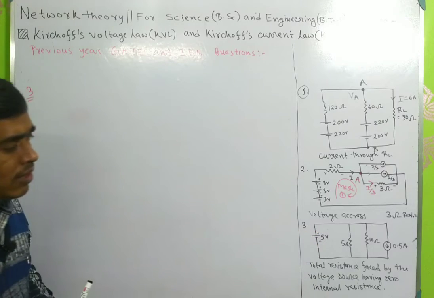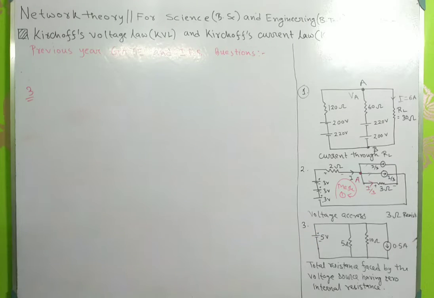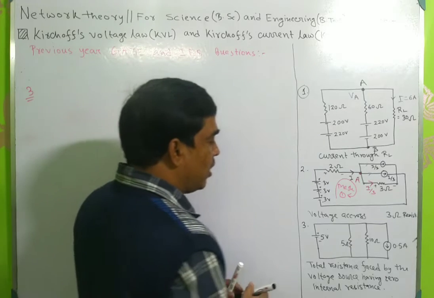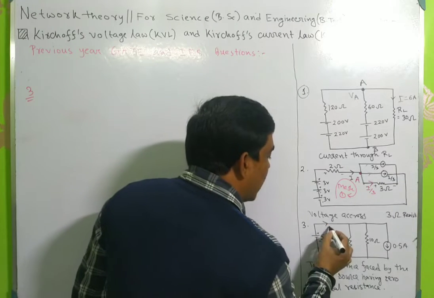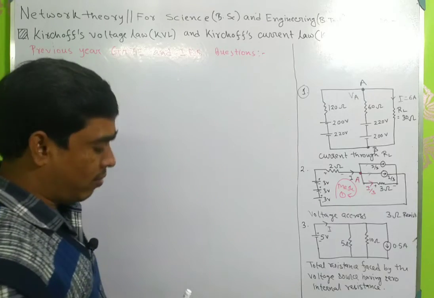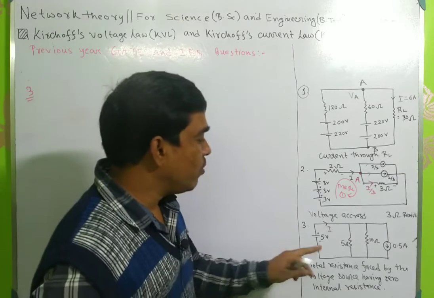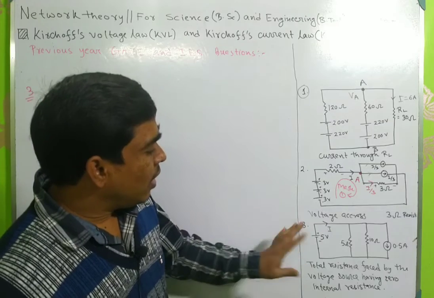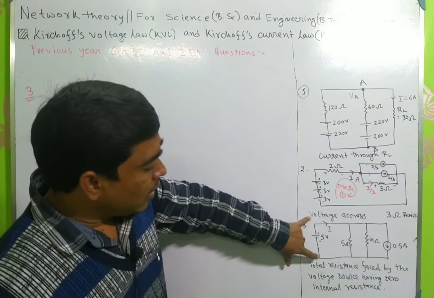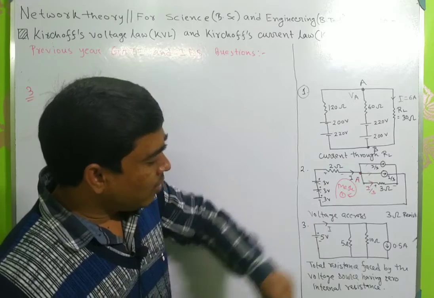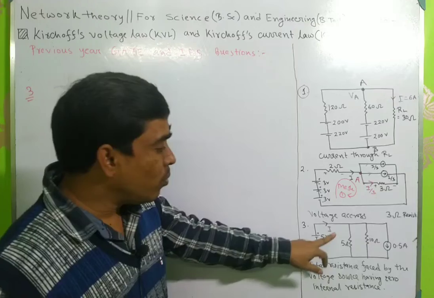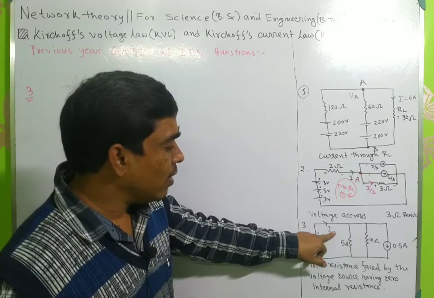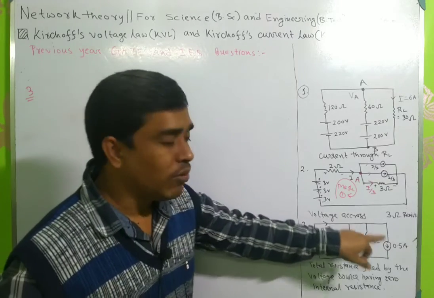Okay, so how to calculate this? If I am able to calculate this current I from this voltage source, then the resistance will be V by I, that is 5 by I. So first of all we should calculate the current I from this network.